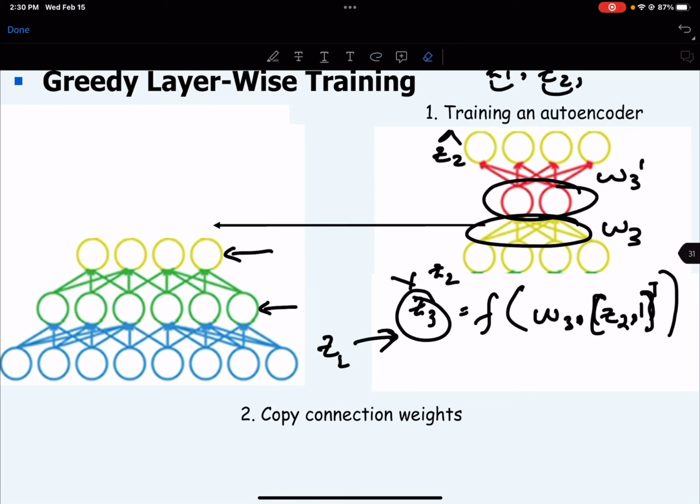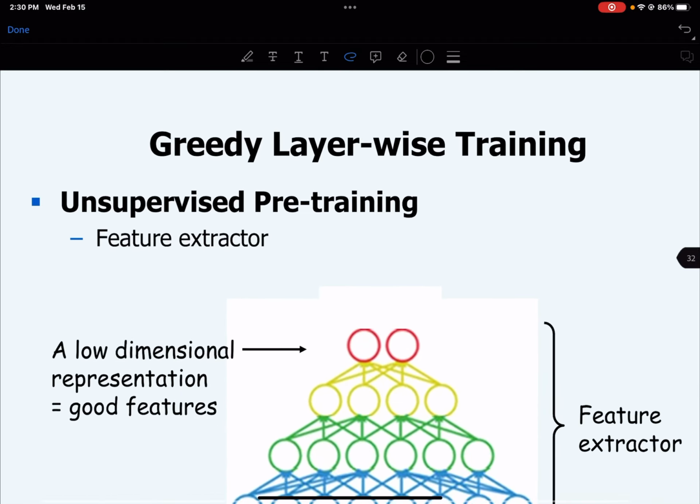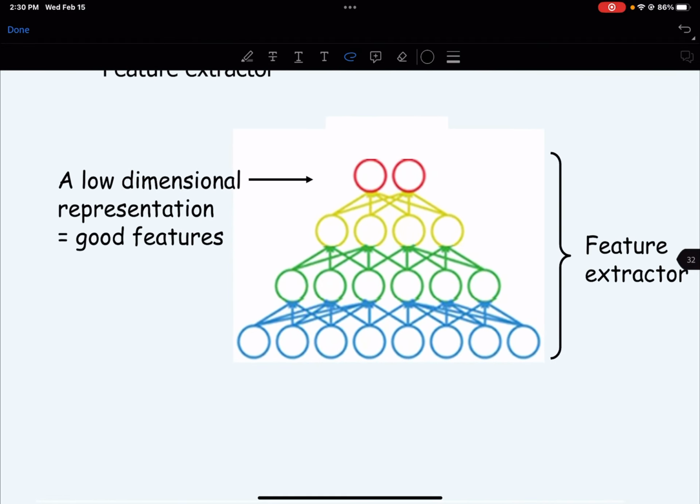This is how we are extracting the features and reducing the dimensions. Now if we present it in the form of blocks, we can represent it like this.